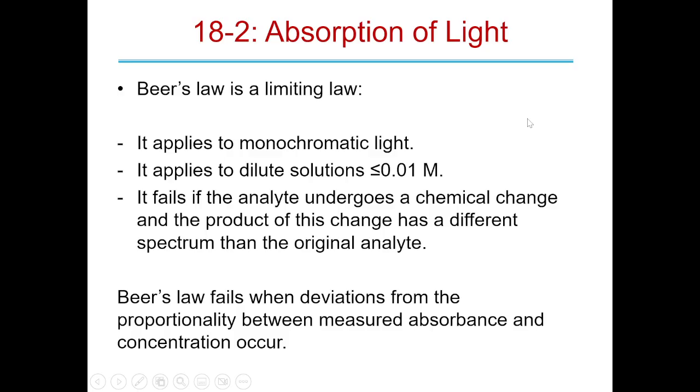Beer's law is a limiting law. So it's going to apply to monochromatic light. It applies to dilute solutions, which would be under or equal to 0.01 molarity. Notice that is very dilute, right? Did you guys remember our spectroscopic analysis that we're doing, where we had you dilute it to a very dilute solution, didn't we? Why is that?